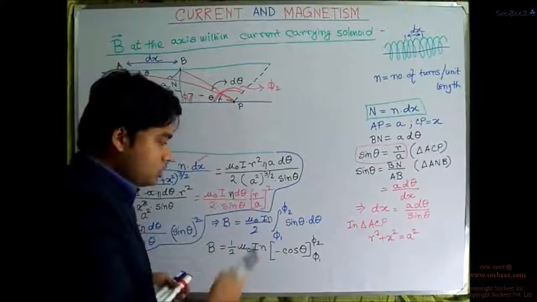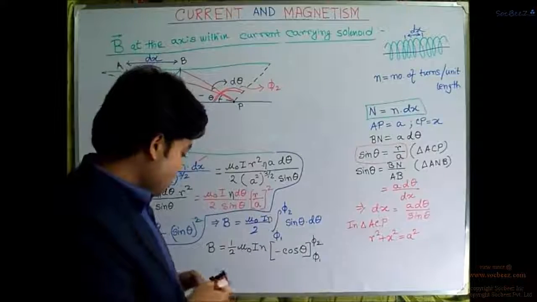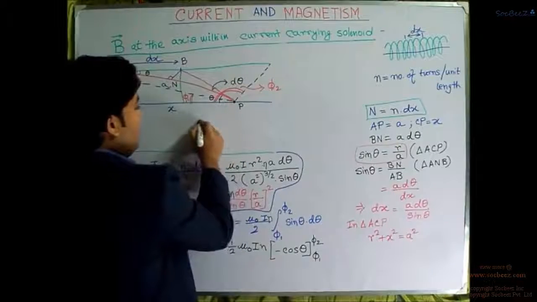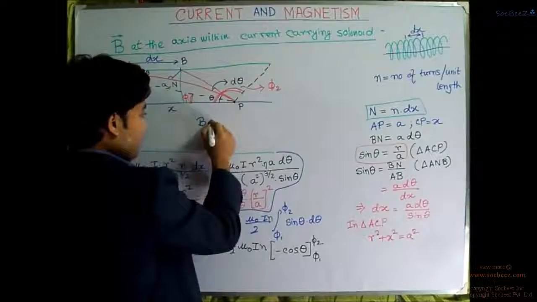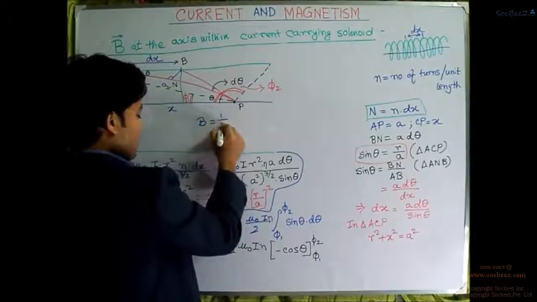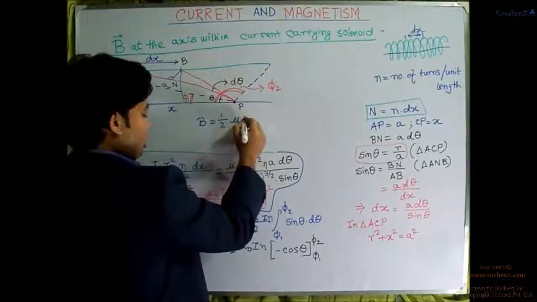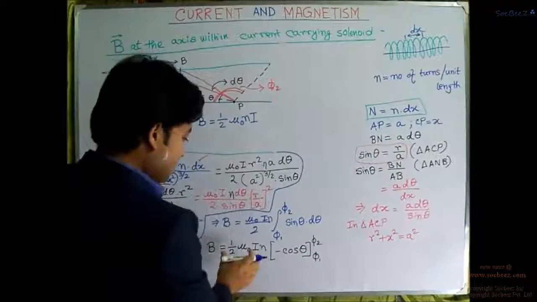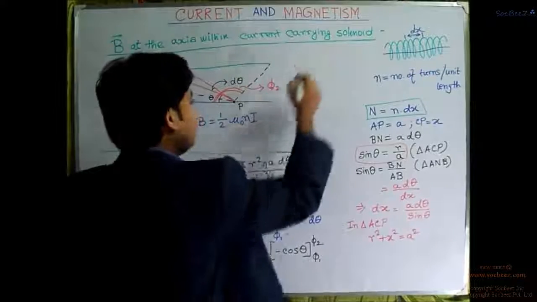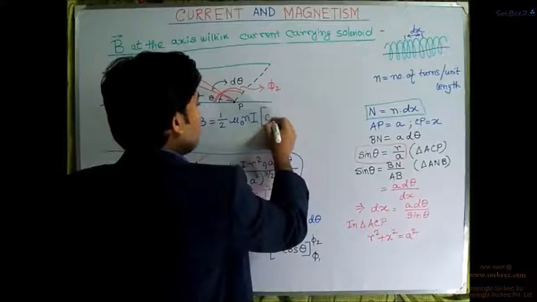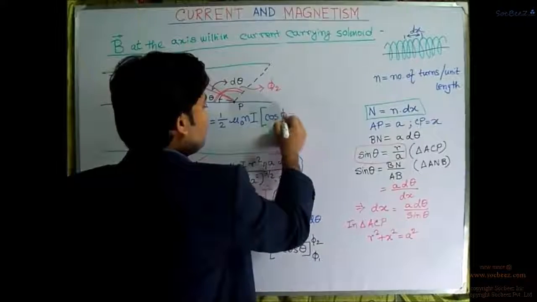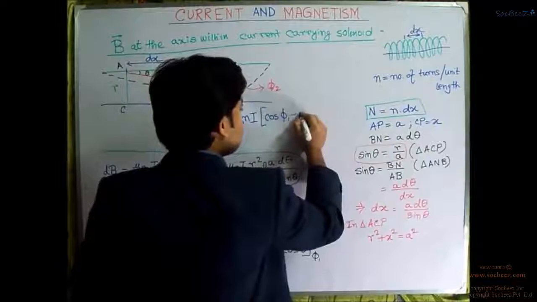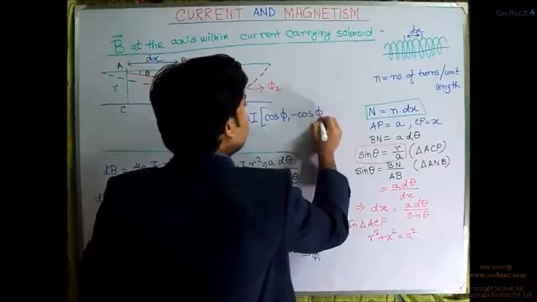Otherwise, going by the simple laws, the final thing will come out as B equal to 1 by 2 mu naught n I multiplied by cos of phi 1 minus cos of phi 2.